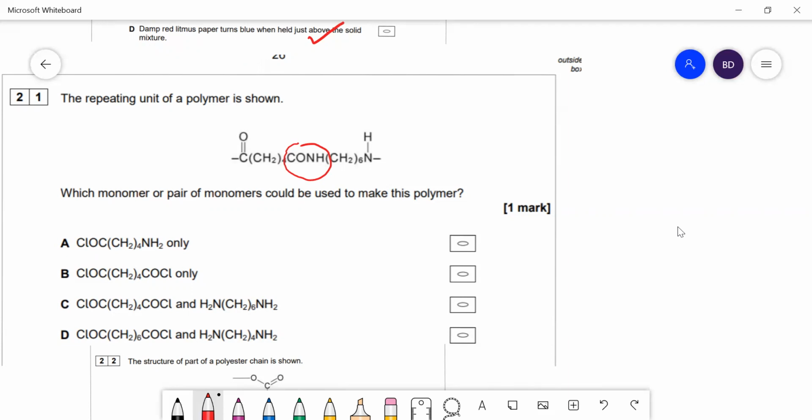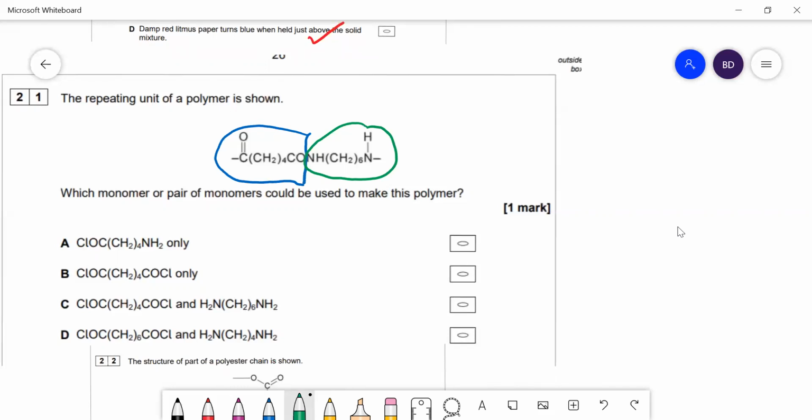Right, which pair of monomers? Actually, it's not a red herring. You can actually see what you've made it from: a dicarboxylic acid there, and so that's the dicarboxylic acid, and this is the diamine. And it's actually nylon 6,6. That's what it is, isn't it?